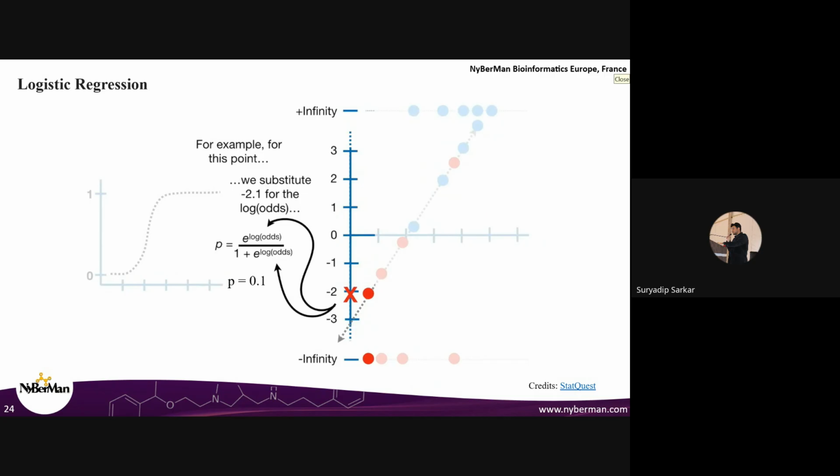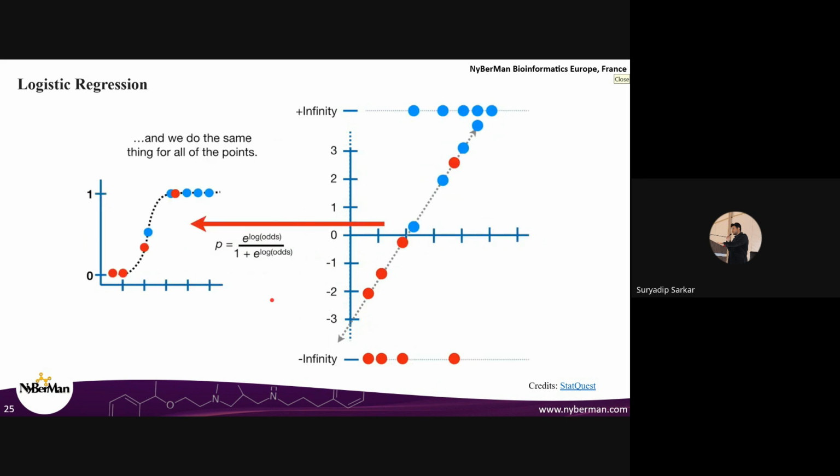Just to give you an example to show that this actually works, for this data point, we can substitute minus 2.1 into the log of odds here. If we do this, you can do the math by yourself at home, and this will give you a probability value of 0.1.